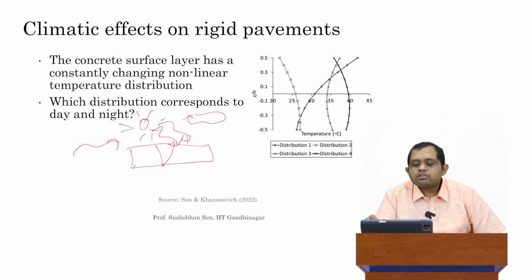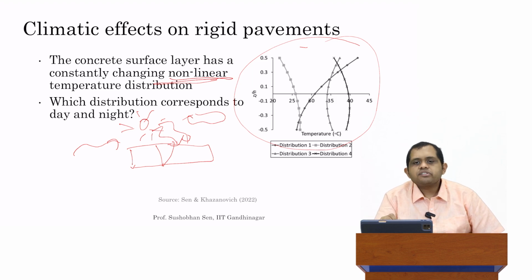The temperature distribution, as it turns out, actually happens during day and night. So regardless of whether it's day or night, we will have a temperature distribution, but the nature of the temperature distribution is going to be different. We'll talk more about it in the next lecture, which is lecture 12. But for now, what you should know is that the temperature distribution inside the concrete pavement has been empirically shown to be non-linear.